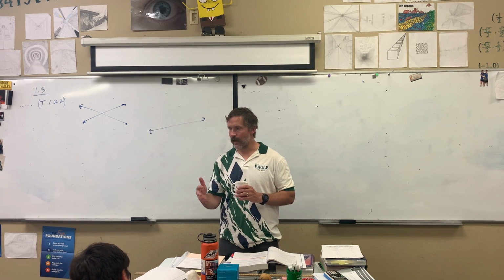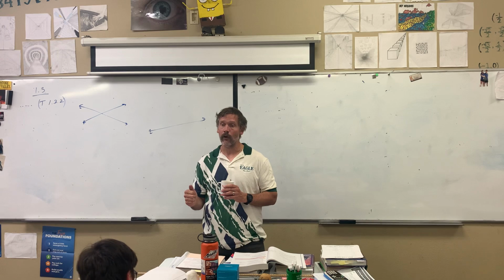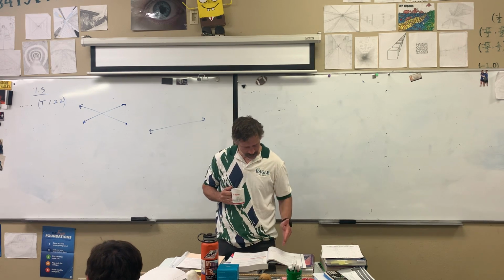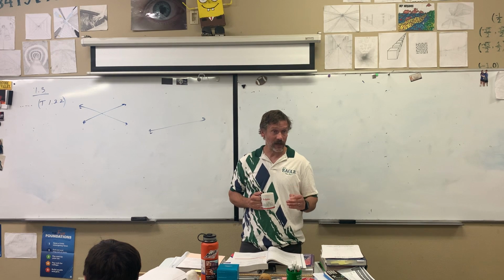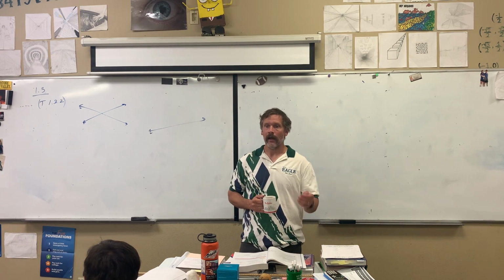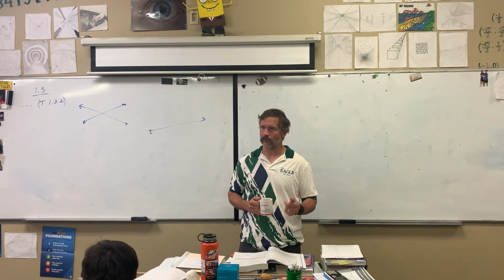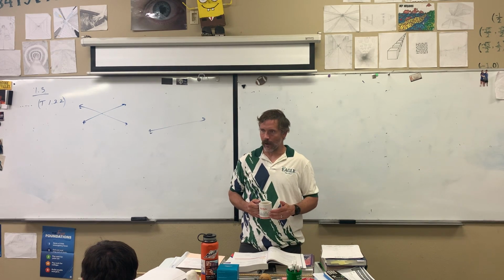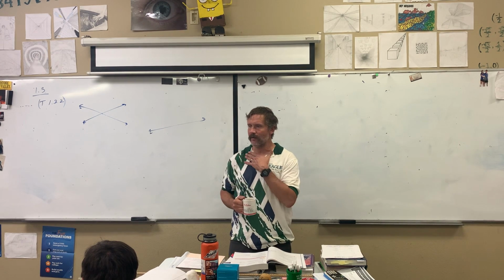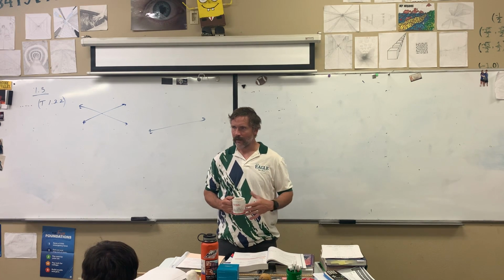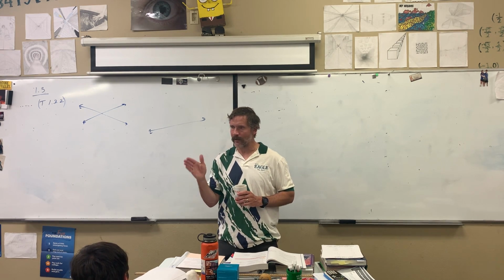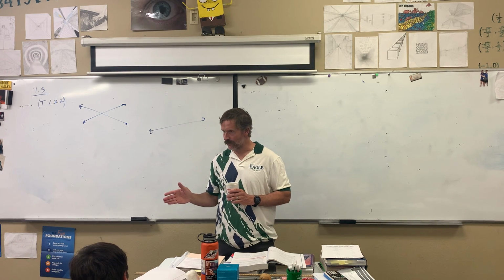I'm not trying to hide information from you. So take a look at the problem, think through it, make your educated guess or your answer, and then go check the answer. If your answer's wrong, figure out why. Check with your neighbor, check with me and say, hey, I put always true. The book said sometimes. That means there should be a false way to do it. Help me understand this. Does that make sense?